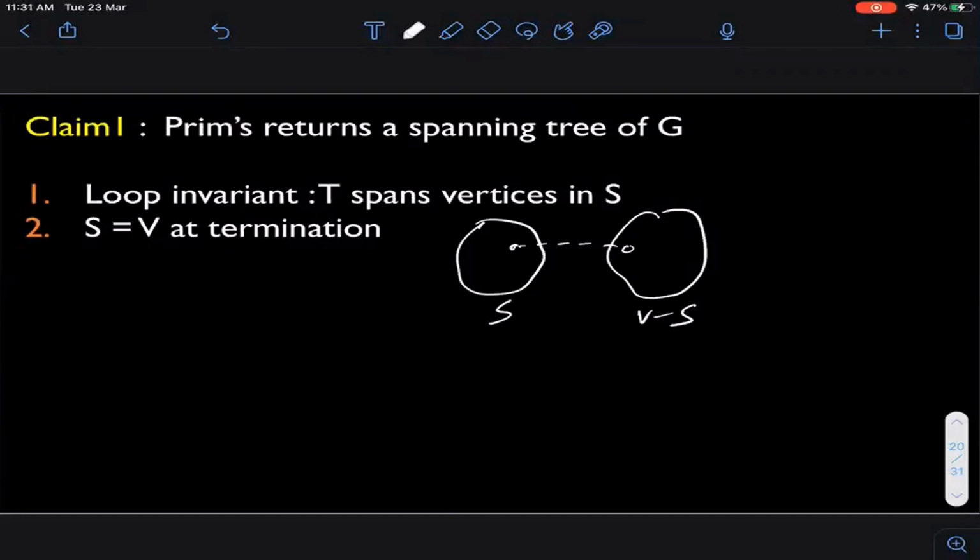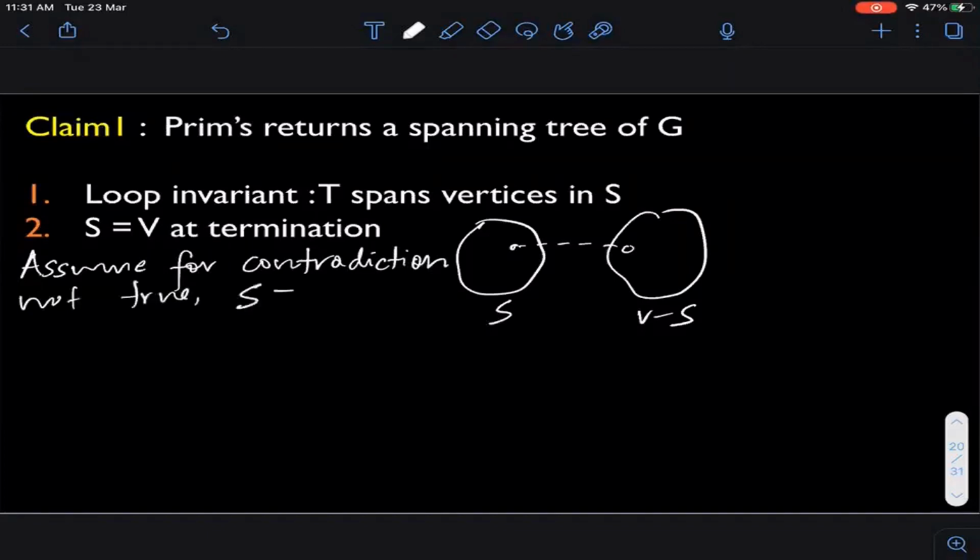There cannot be any other option. Which property? Excellent. It's the empty cut lemma, right? So assume for contradiction that this is not true, that is, S is not equal to V at termination.